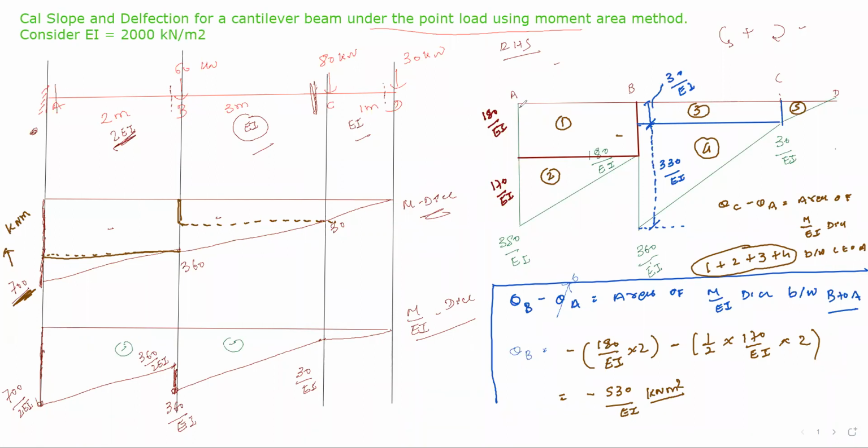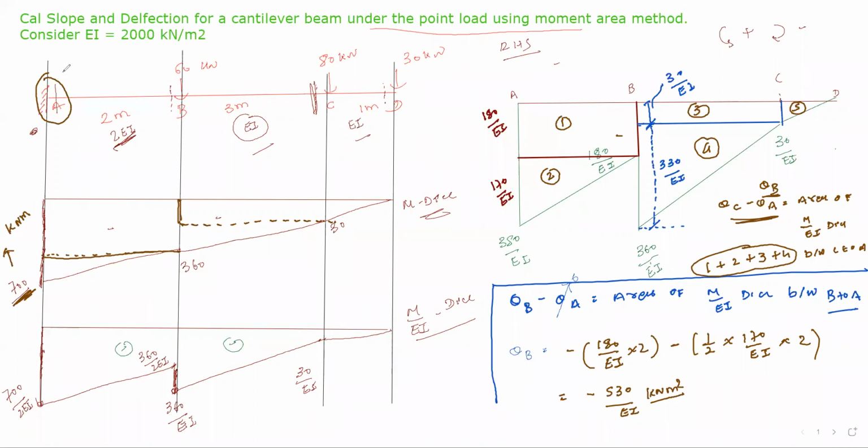The reason is, if I am considering point C, I need to put a value of slope at point C in this equation. Suppose I write theta B, then I have to write the slope of theta B here, and your equation becomes B to A. Every time your equation will keep changing, and that will make you confused in every problem. That's the reason our second point is in all the cases your support.